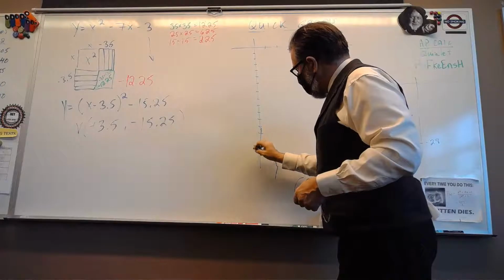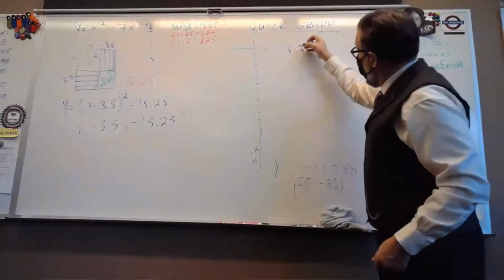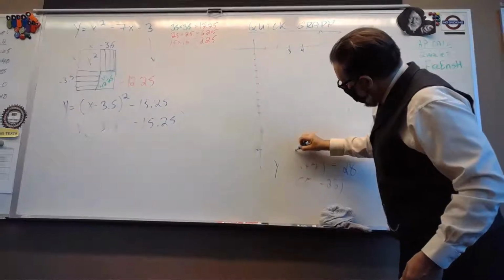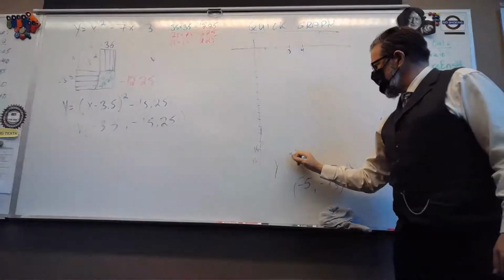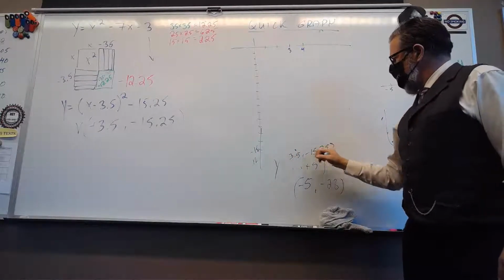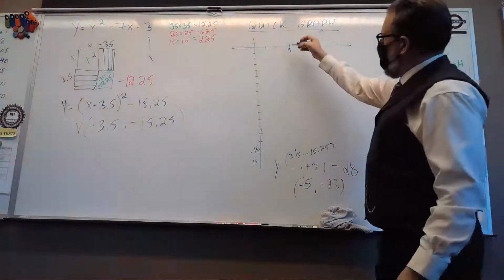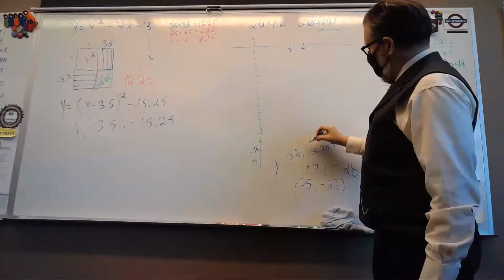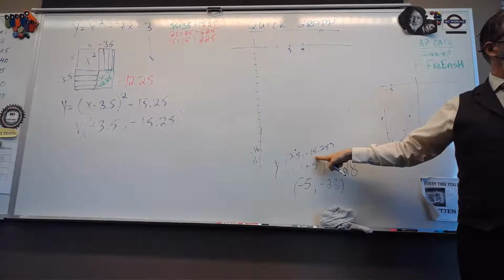Which means that 15 and a quarter is going to be just below that. So 3.5, 15 and a quarter is right there. So there's 3.5 comma negative 15 and a quarter. Well, when I go out 1, I'm just going to 2.5 and 4.5. So my next 2 points are going to be here and here. And I'm going up 1, which means I'm going to be at negative 14 and a quarter.